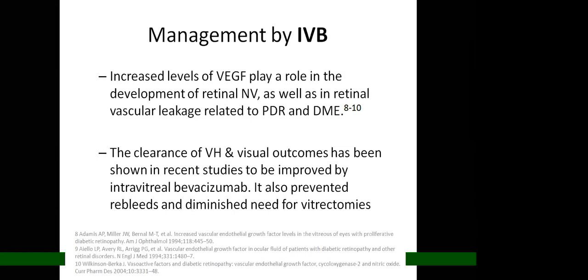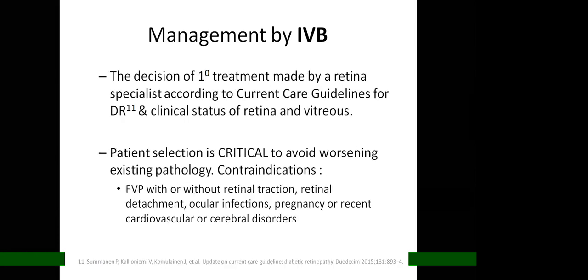It also prevented rebleeds and diminished the need for vitrectomy. So this was just to establish that yes, anti-VEGF agents can be used in management of vitreous hemorrhage, but with caveats, very important caveats that I will go through in the subsequent slides.